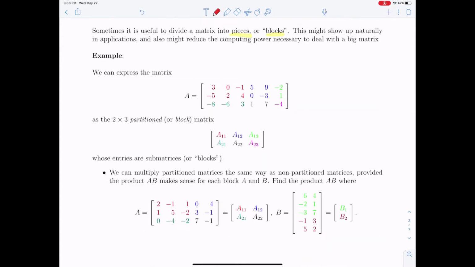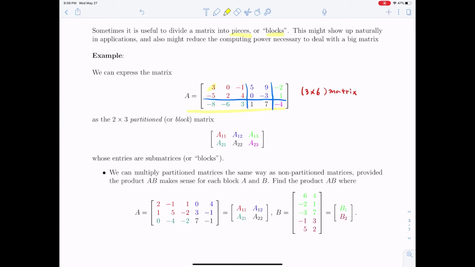So suppose that A is given this way, then it is originally a 3 by 6 matrix. Then we can divide the matrix into several smaller block matrices.